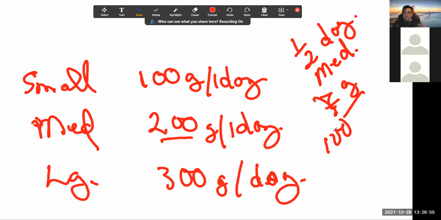But then if I go less, okay, half a dozen, it's going to weigh half the amount. And if I said 1/4 dozen, how much would 1/4 dozen medium eggs weigh?